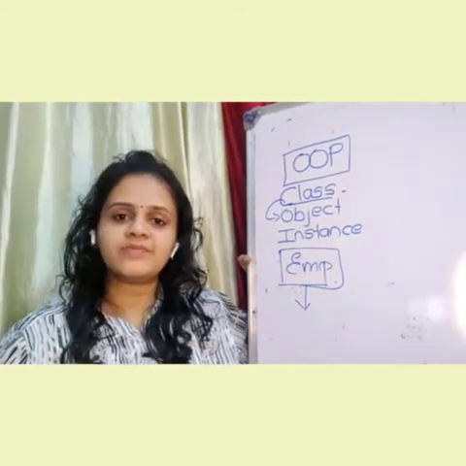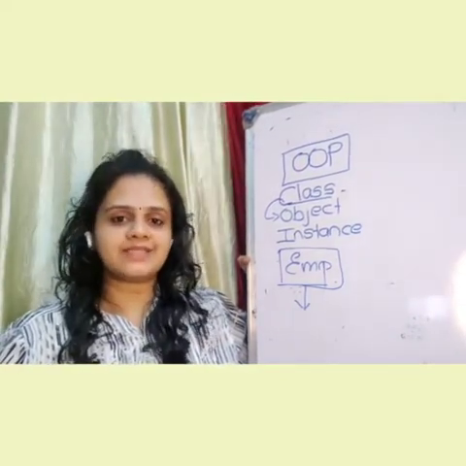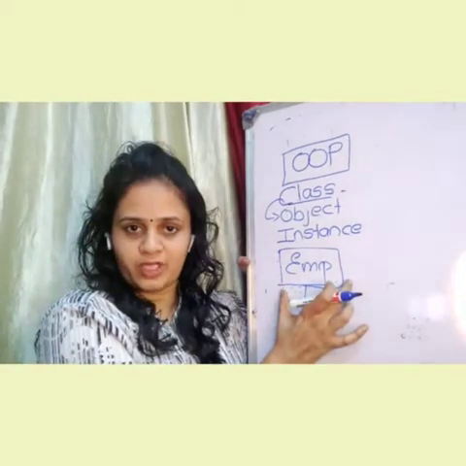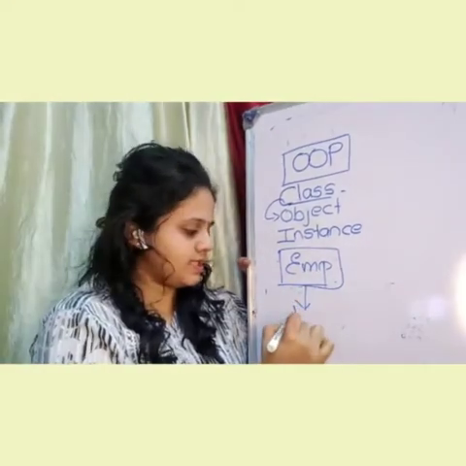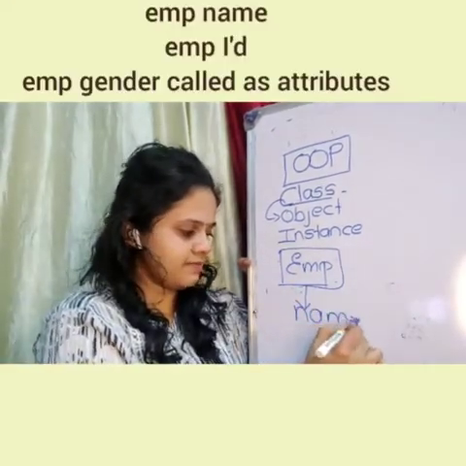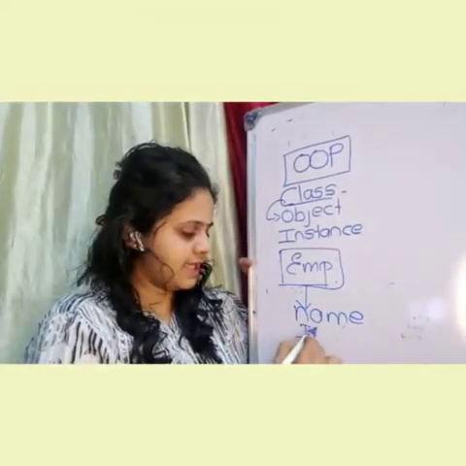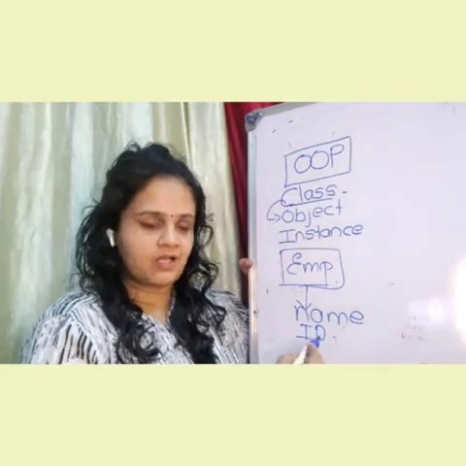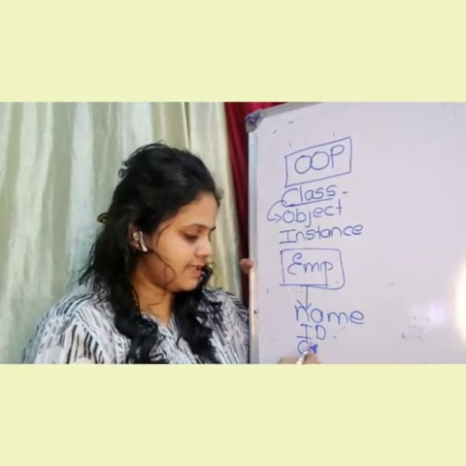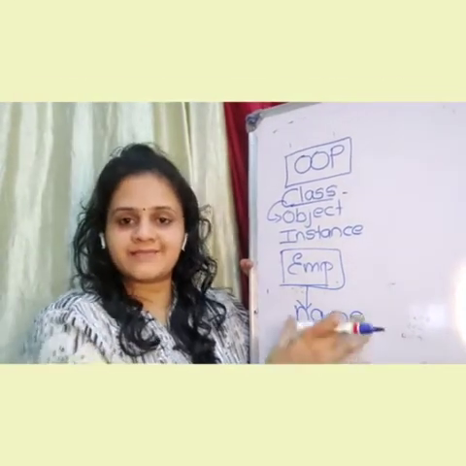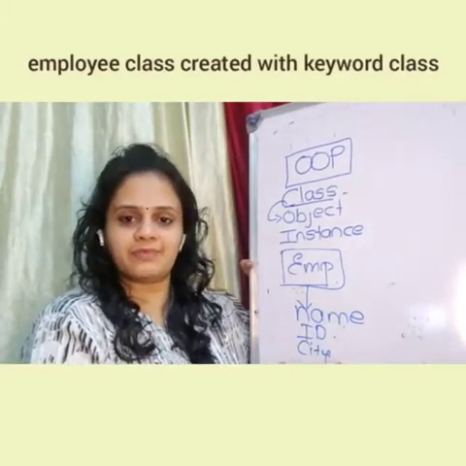What do we mean by attribute? Attribute means the properties of this employee. Each employee is going to have its name, the employee ID, and you can say the city or the place. These will be some attributes of the employee.